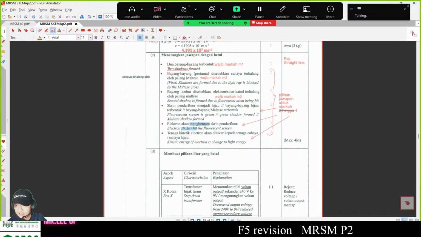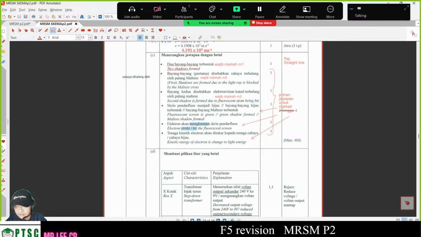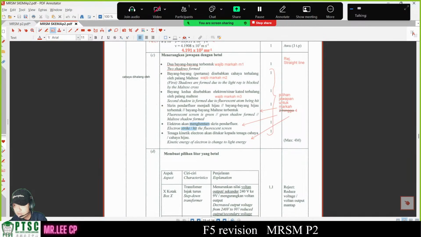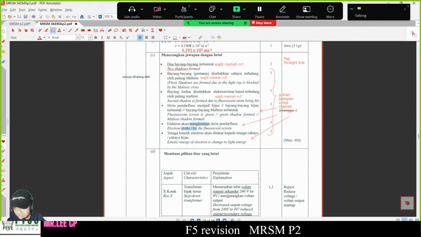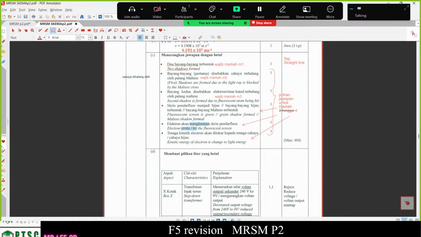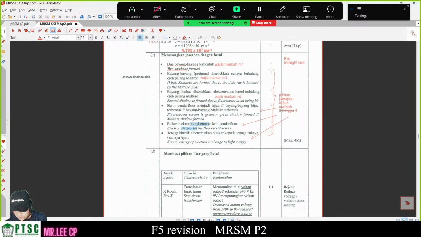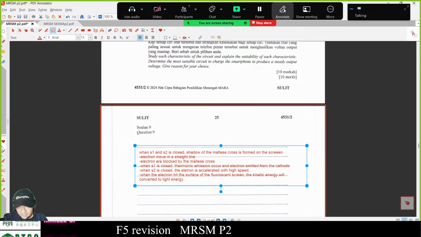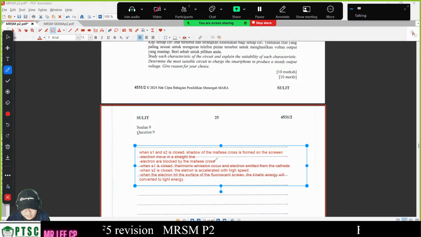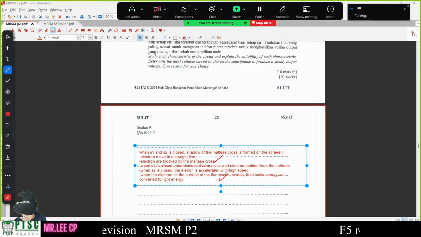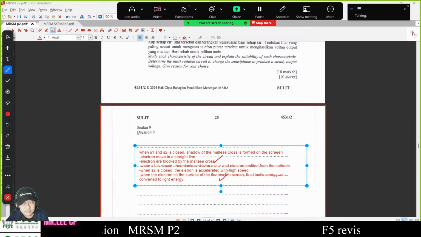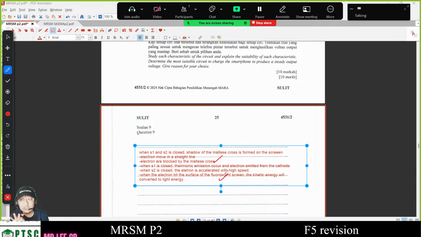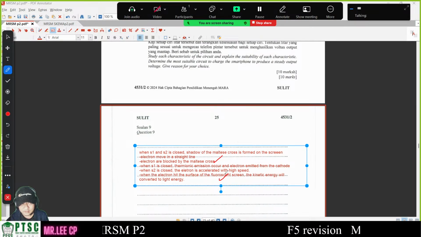But these 3 must be having. They said wajib. So I just got this one and this one. Right? These 2 will give me 1 mark. Right? So kinetic will change to light energy. So now the mark that I get is here and here. 2 marks only. So I told you this one, how many marks you can get.